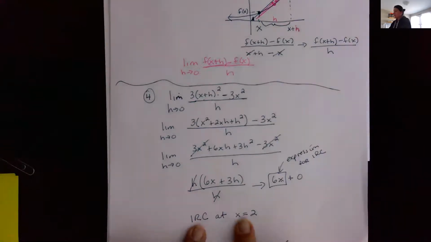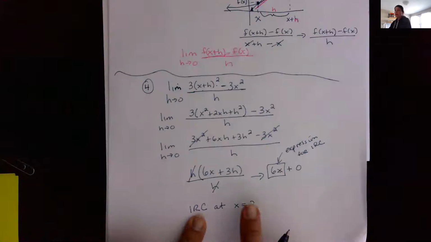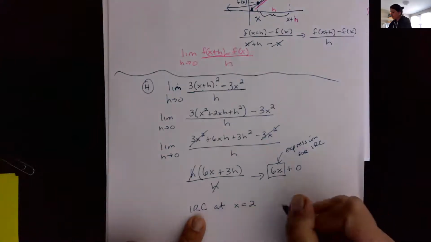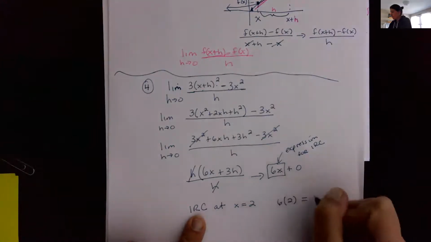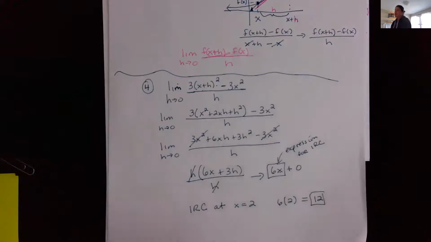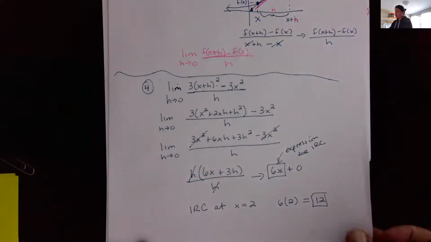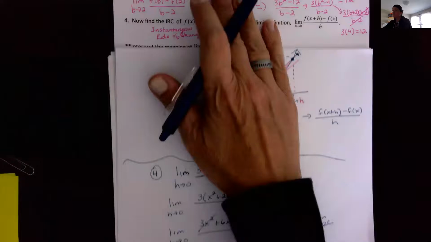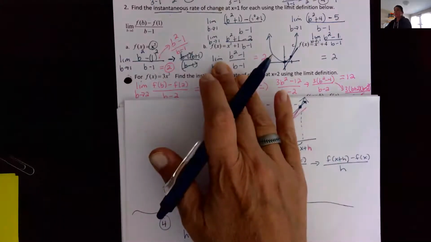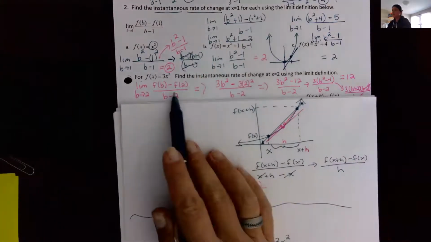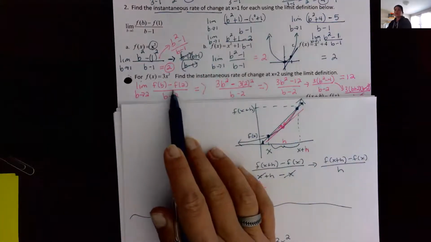Now I'm taking that expression and I get to plug in an x value of 2. And guess what I get? I get the same thing that I got in problem 3 when I used this specific version of the limit definition.